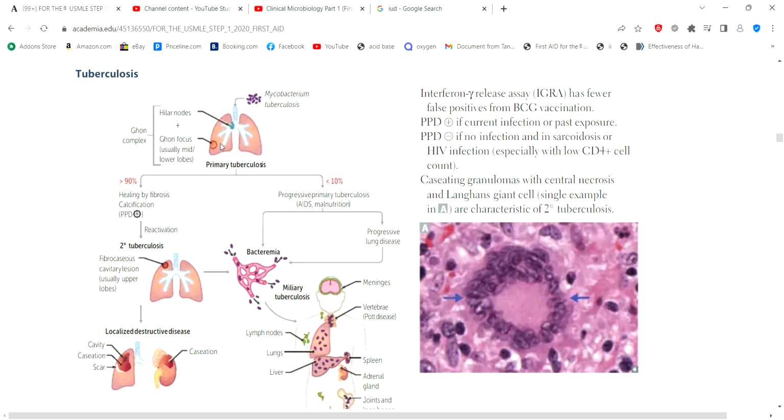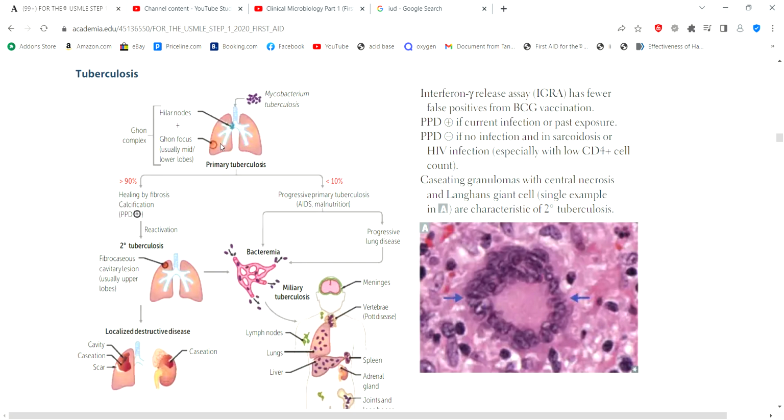Reactivation TB happens in the apex of the lung because TB just likes the apex of the lung, because that's, I guess, more oxygenated. Primary, initial TB infection affects the lower lobes. It's known as Ghon complex.